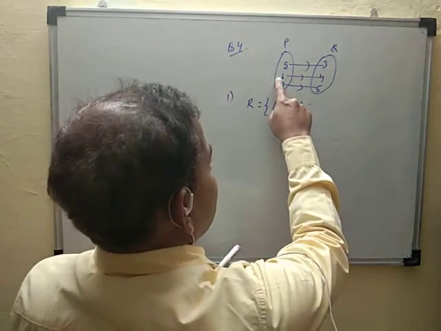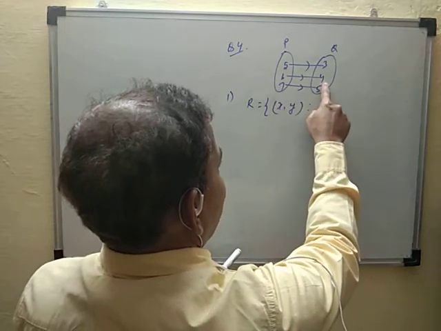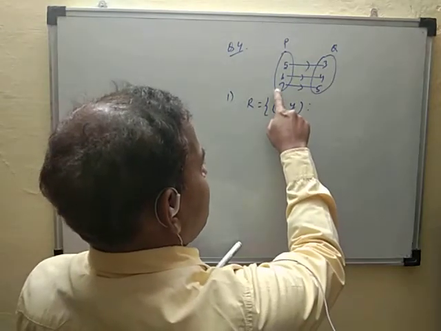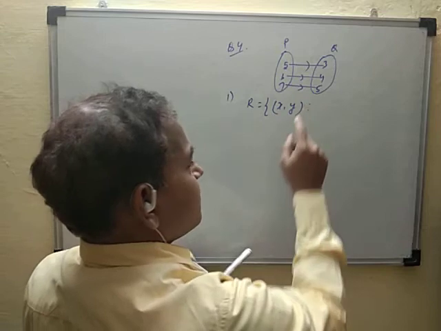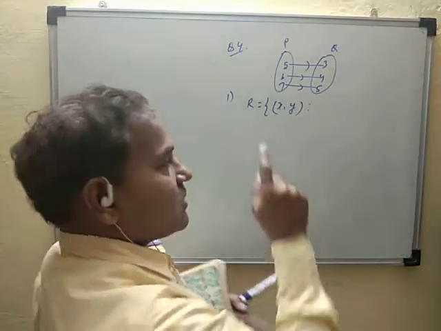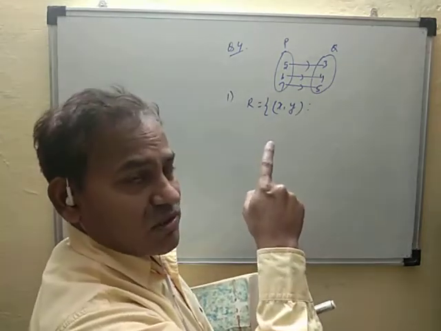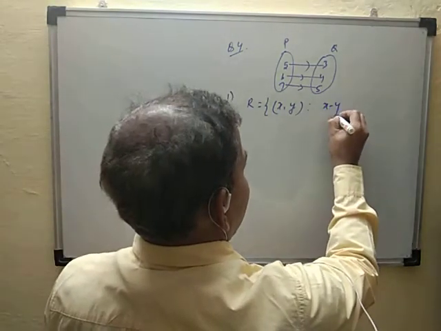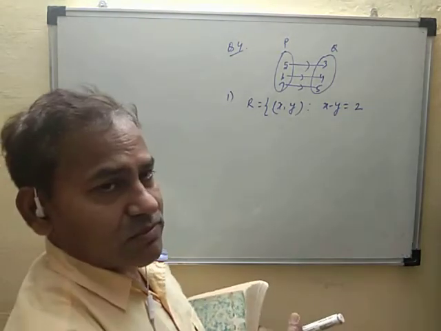Similarly 6 is related to 4. What is the difference of 6 and 4? It is 2. Next 7 is related to 5. The difference between 7 and 5 is also 2. That is, the difference between x and y is equal to 2. This is the relation, so this can be written as x minus y is equal to 2.